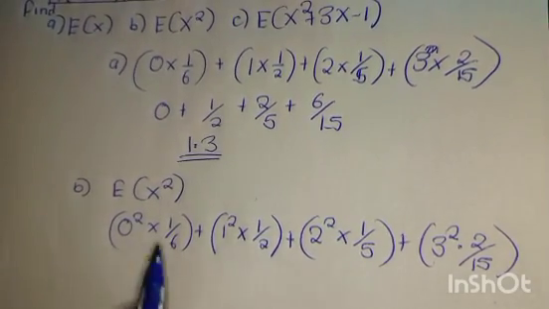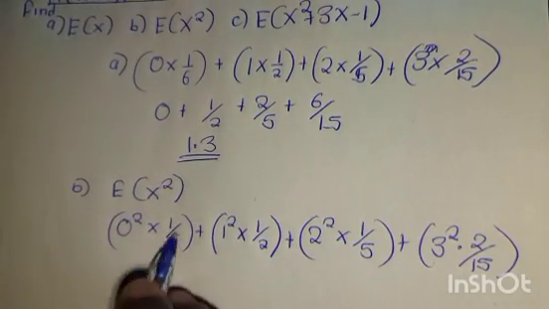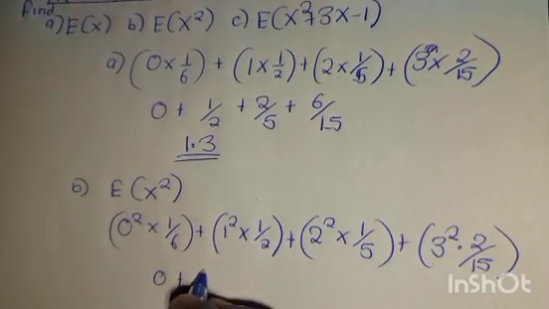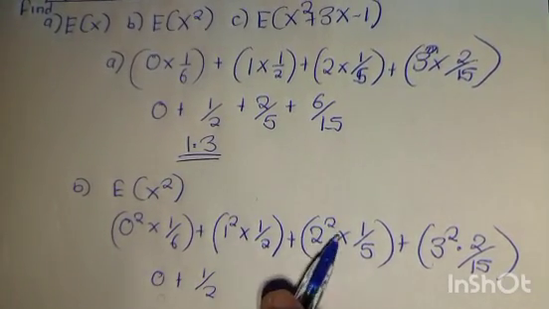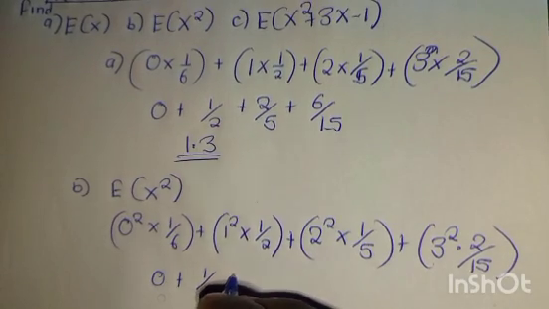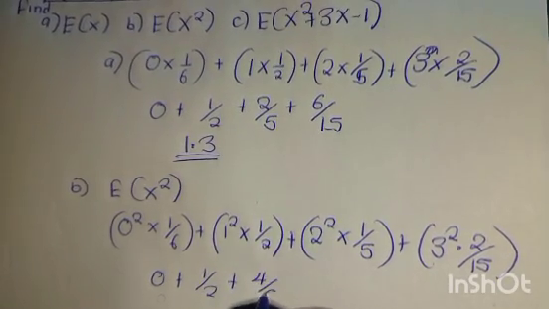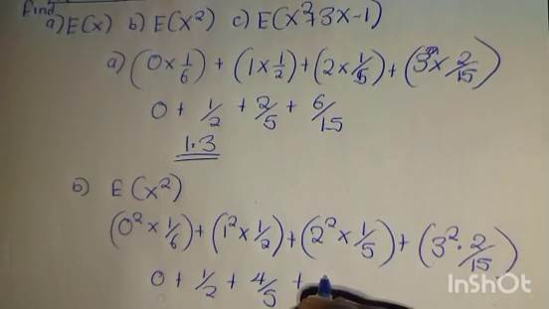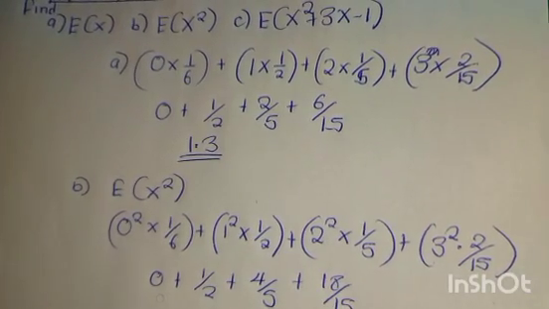Then we know that 0 squared is the same as 0. 0 multiplied by the same thing is 0. 1 squared is the same as 1. 1 times 1 over 2 is still 1 over 2. 2 squared is 4 multiplied by 1 over 5 is 4 over 5. 3 squared is 9. 9 multiplied by 2, that is 18 over 15.